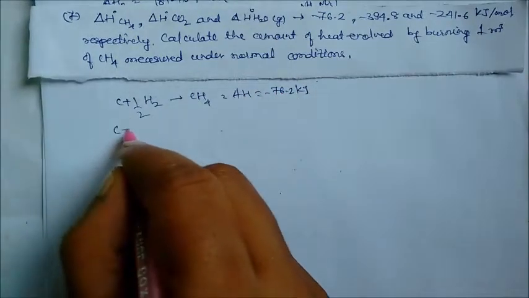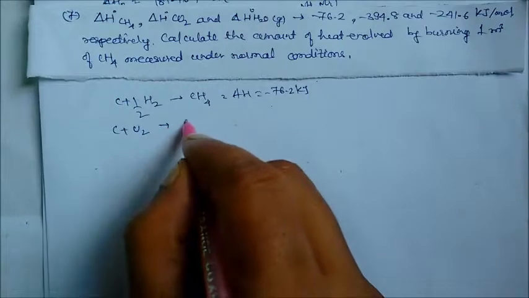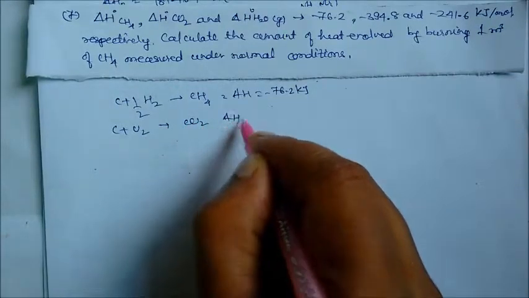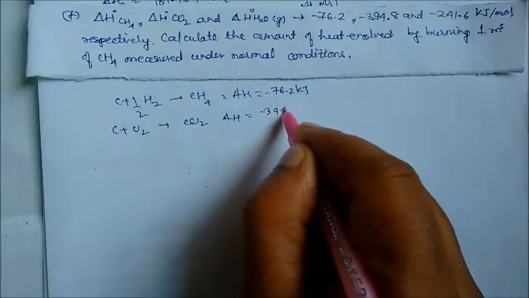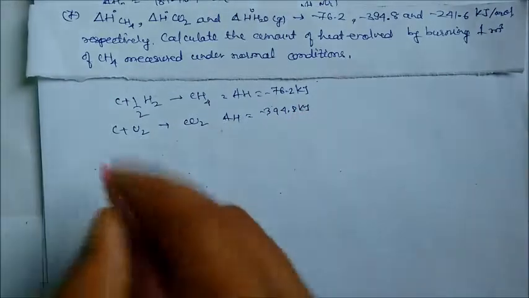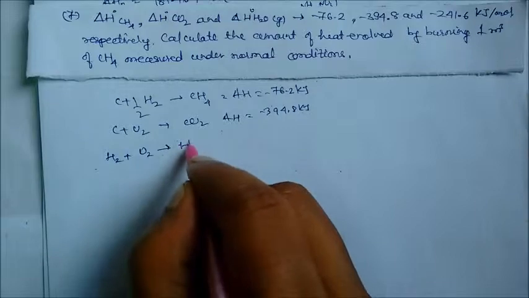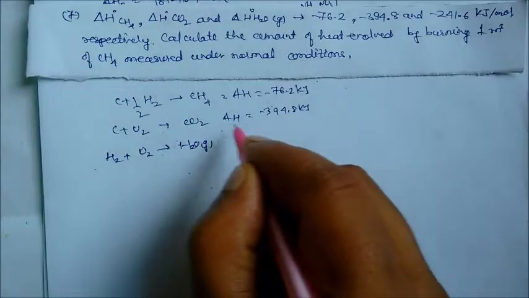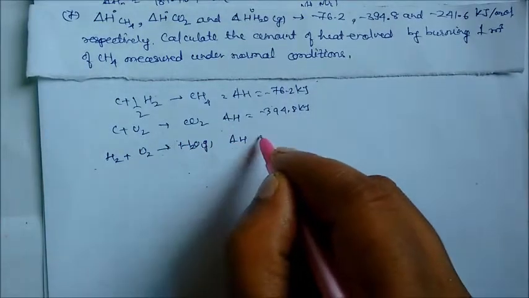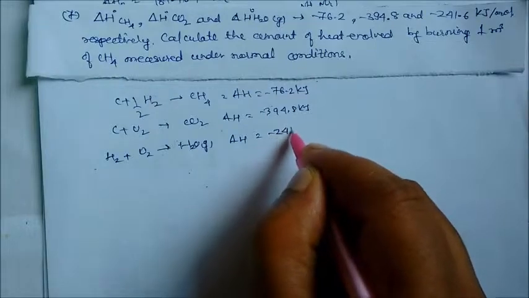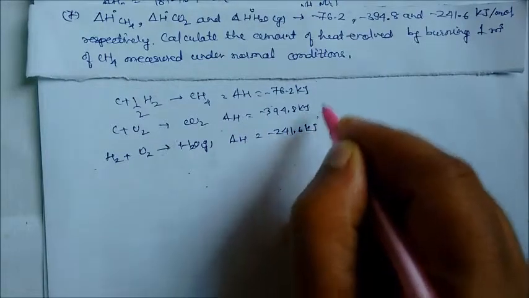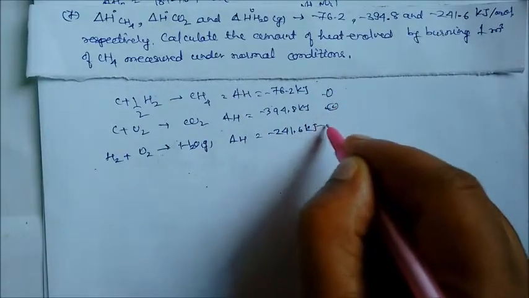Second, when carbon reacts with oxygen, it gives carbon dioxide, and the enthalpy is minus 394.8 kilojoule. Third, when hydrogen reacts with oxygen, it gives water as gas, all are gas, so delta H will be minus 241.6 kilojoule. So we have three equations.